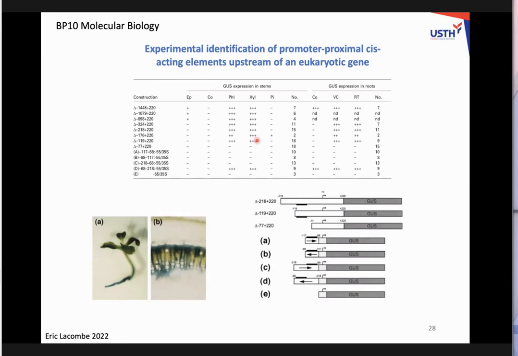But look what happened when you compare this construct, minus 119, and the last one, which is minus 77. You see that when you delete the sequence between minus 119 and minus 77, you lose completely all the expression. Is it clear for you?